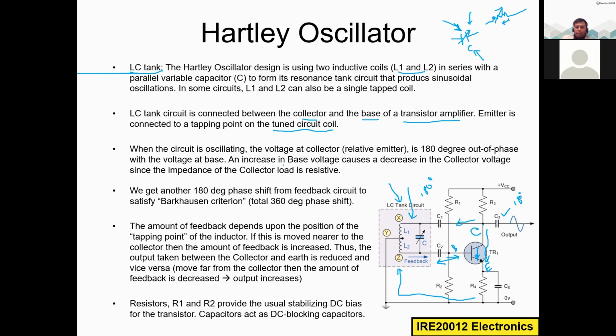An increase in the base voltage causes a decrease in the collector voltage, because the collector voltage is going down and the impedance of the collector load is resistive. The phase shift is not a problem, we know it is 180 degrees, and we satisfy the Barkhausen criterion.